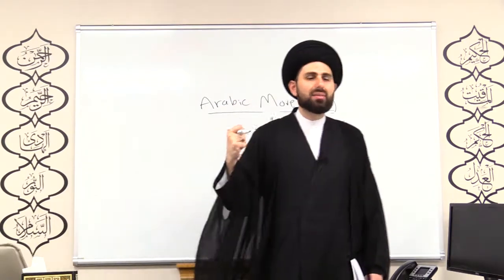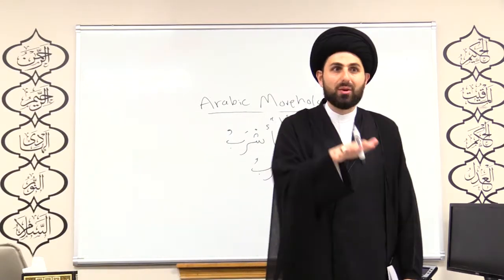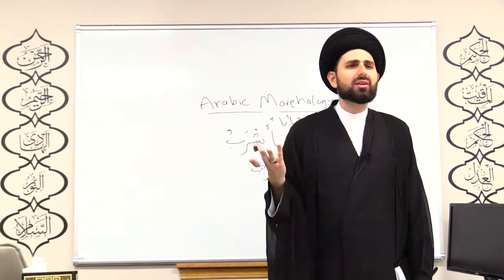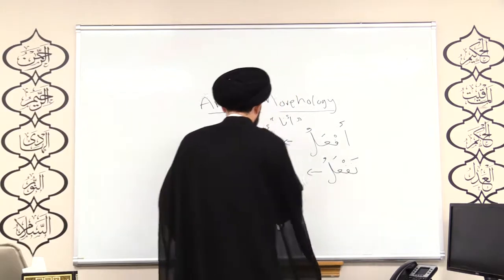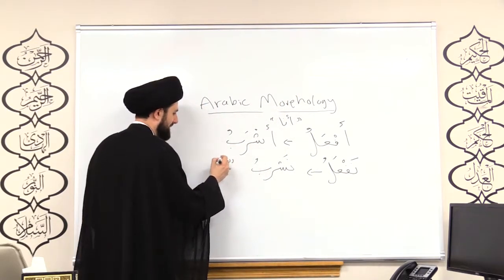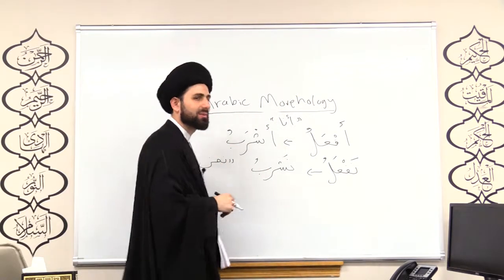Question, that noon in the beginning is a sign of what? We. It's first person and also the plural form. So where is your pronoun? Hidden. What do we assume it to be? Nahnu. That's your hidden pronoun.